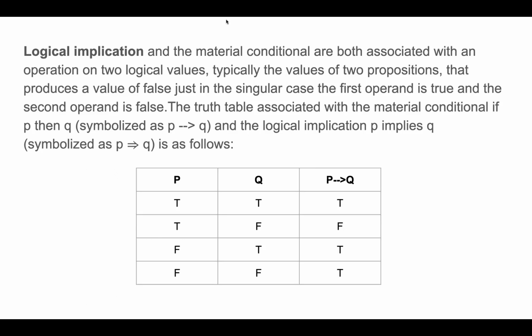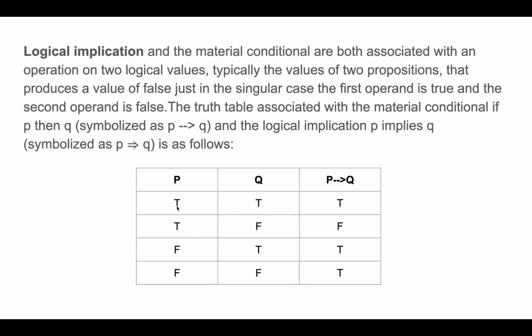We can see in the truth table, true and false. First one is true, second one is false, then P implies Q is false. If P, then Q. On this condition, this implication is there. If P, then Q, it considers the value of the second proposition.